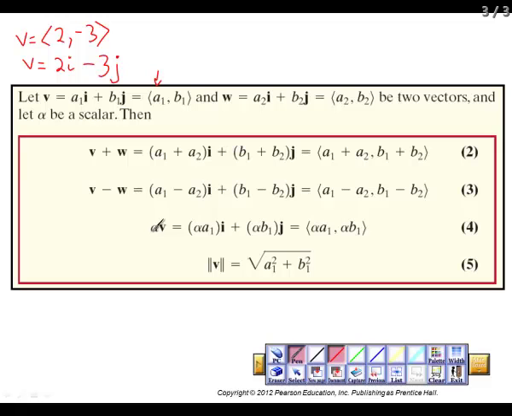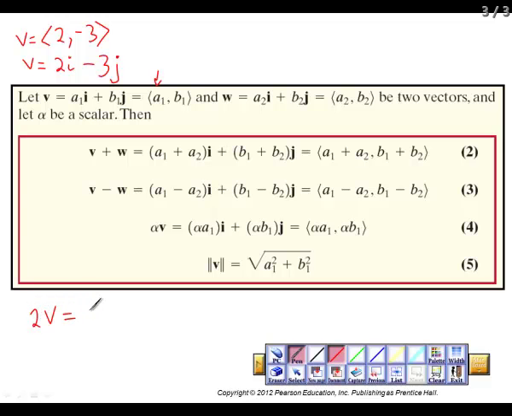And now here, if we have alpha times vector v, then that would be alpha times a plus alpha times b. So in other words, let's say we want 2v, where vector v here is 2, -3. The 2 would be the alpha.